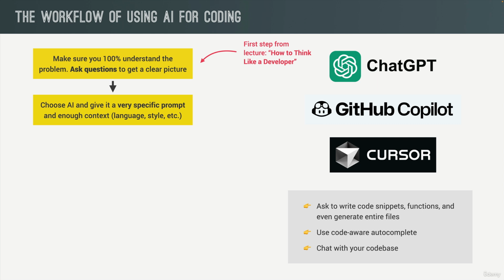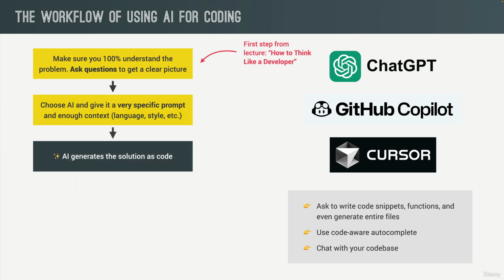Then, based on this specific prompt, the AI will do its magic and generate a solution to your problem and output that solution in the form of code and in the language of your choice. So in our case, that's of course gonna be JavaScript, but it could also be HTML, CSS, Python, Java, and so on.